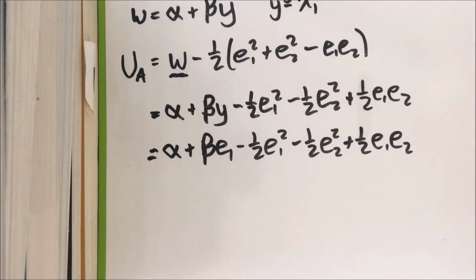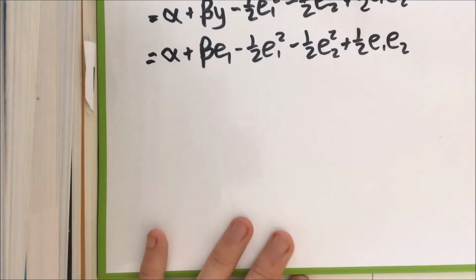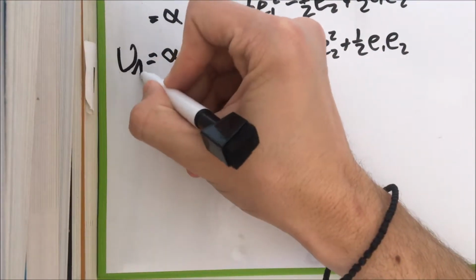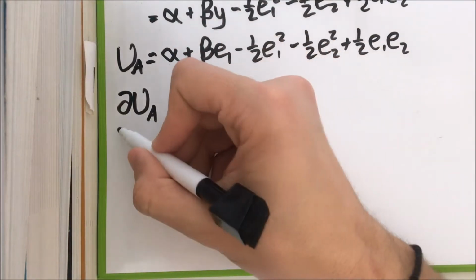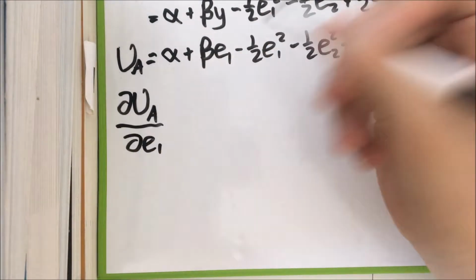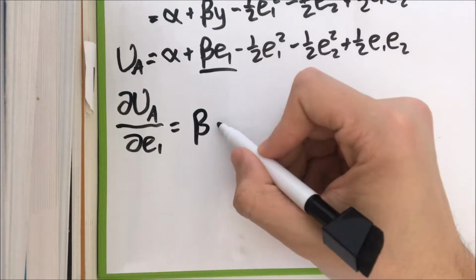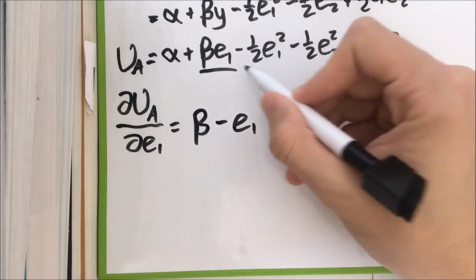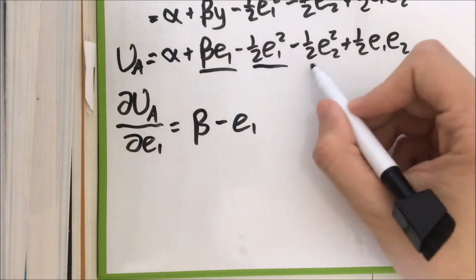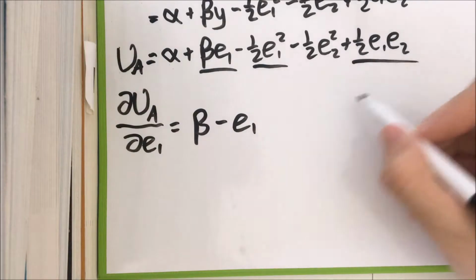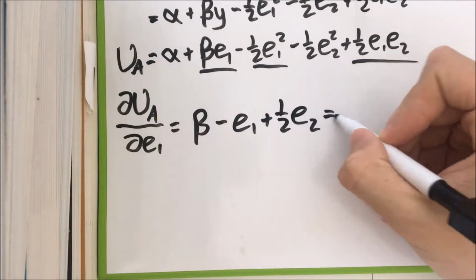Now we're ready for the first order conditions. So now this is UA in terms of E1 and E2. dUA over dE1 equals, this here will just become beta, this will be minus E1, the square and the half cancel out, and this becomes plus half E2, equals 0.